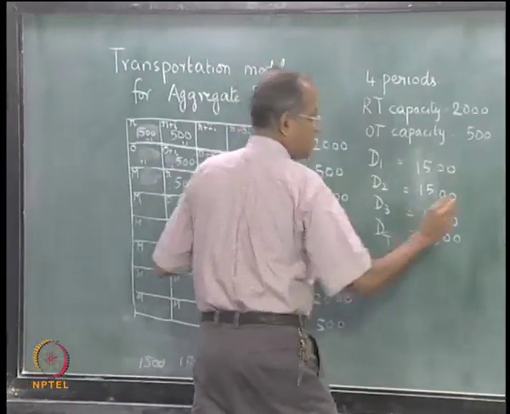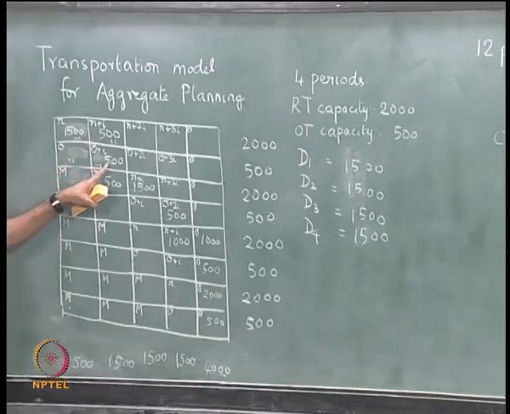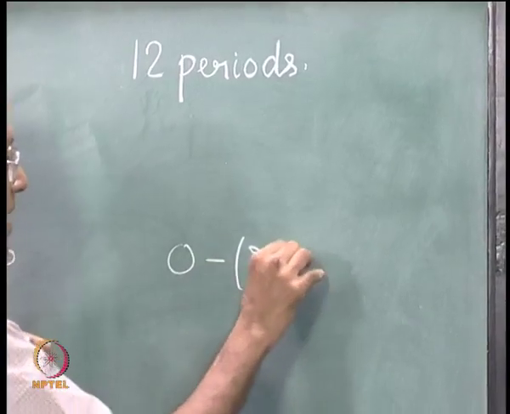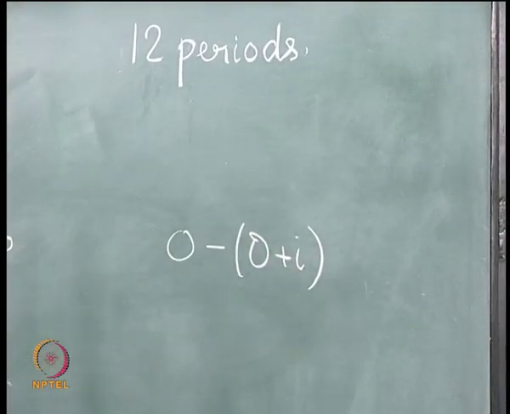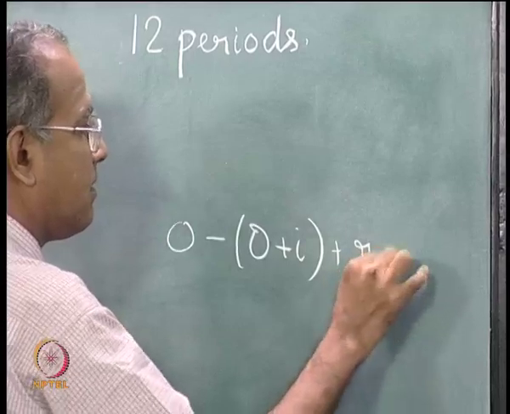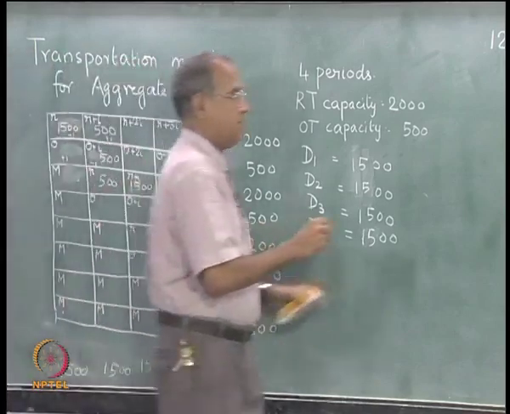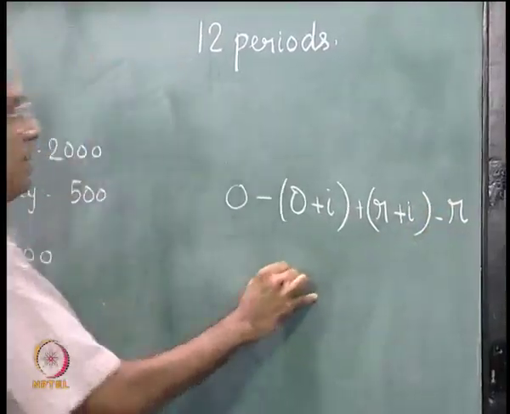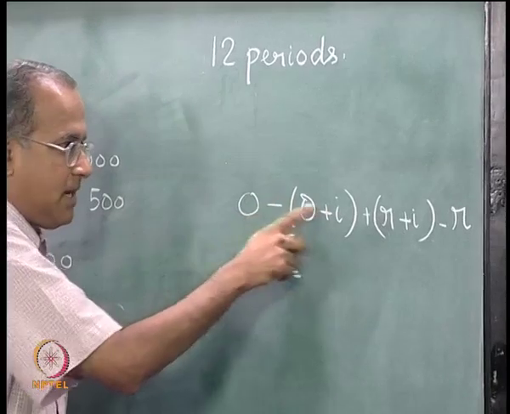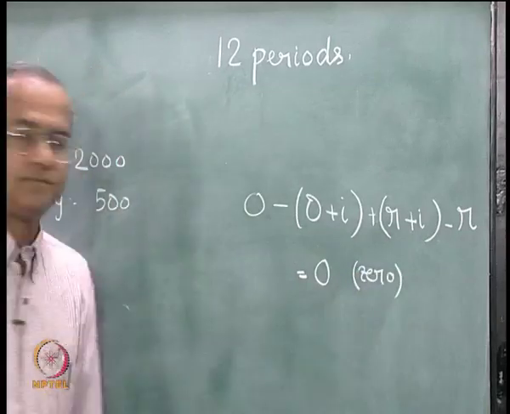So, plus O that comes out of this, by putting a +1 I am incurring a cost of O, by taking away 1 I gain a O plus I. So, minus O plus I. By adding a 1 here I am adding an R plus I. And then by taking away 1 I am taking away an R, so minus R. So, the net cost: O minus O minus I plus R minus R is 0.